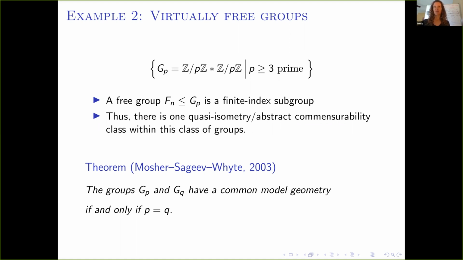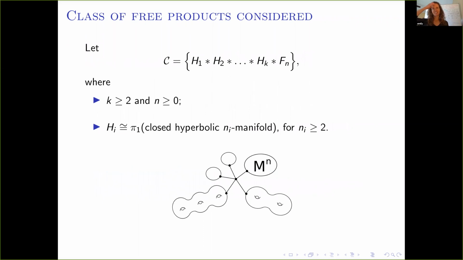Okay. So we are interested in a hybrid of the previous two classes of examples. We consider free products of the following form. Let C be the set of free products of groups H_1 through H_k with possibly a free group, F_n, where k is at least 2 and n is greater than or equal to 0.